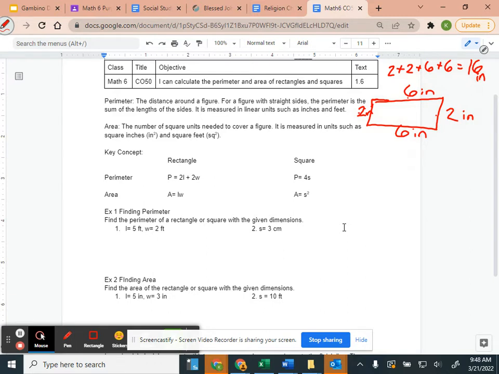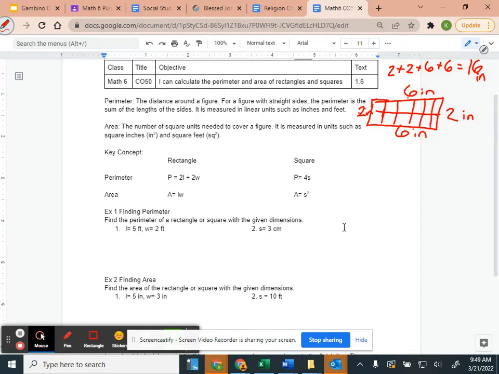Now the area is the number of square units needed to cover a figure. It is measured in units such as square inches and square feet. So what we're actually doing is we're breaking our rectangle up into squares. Now just imagine that they're all the same.